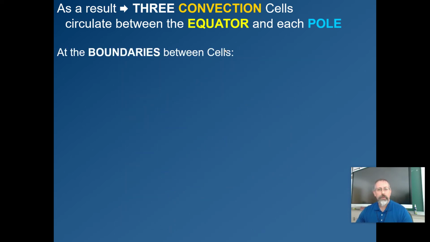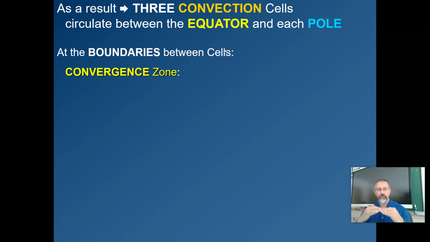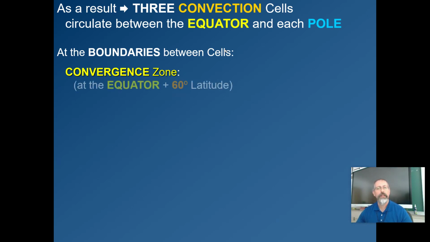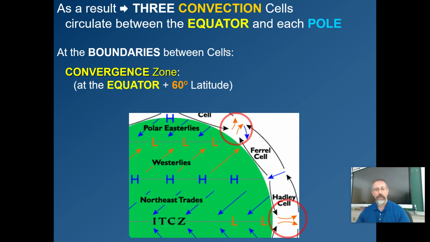So at the boundaries between these cells where they're running into each other, you have 2 options. At the surface, you can have winds coming together, i.e. converging, or they can be going apart from each other. If you're at a convergence zone, so the equator and 60 degrees north and south of the equator, you have winds at the surface coming together and warm air rising up.